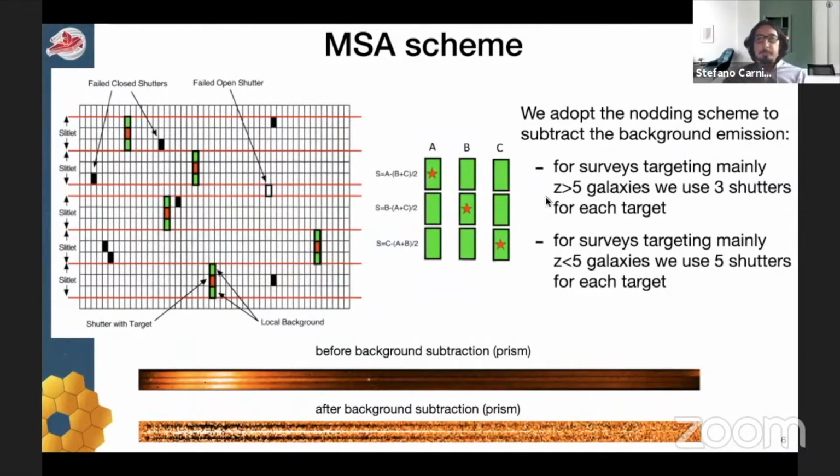This scheme is mainly used for the surveys of very high redshift, higher than 5. For the surveys targeting lower-redshift targets, between 1 and 5, we are going to use 5 shutters to take into account the extension of the galaxy and to study the emission along the y direction.